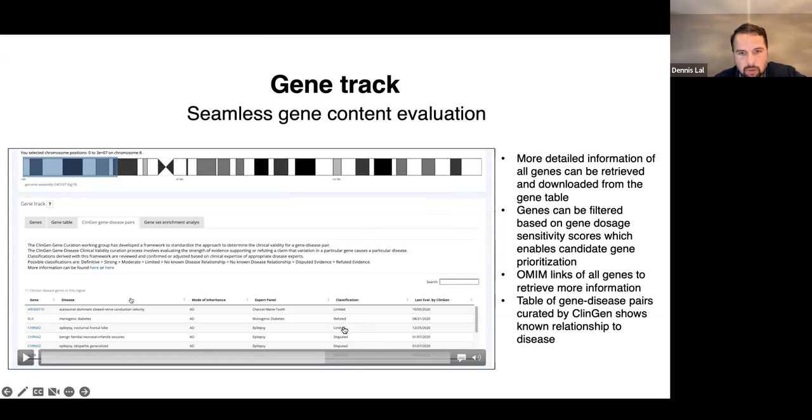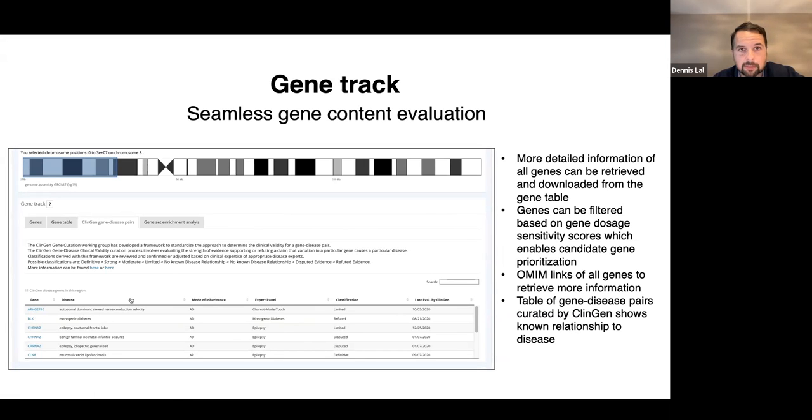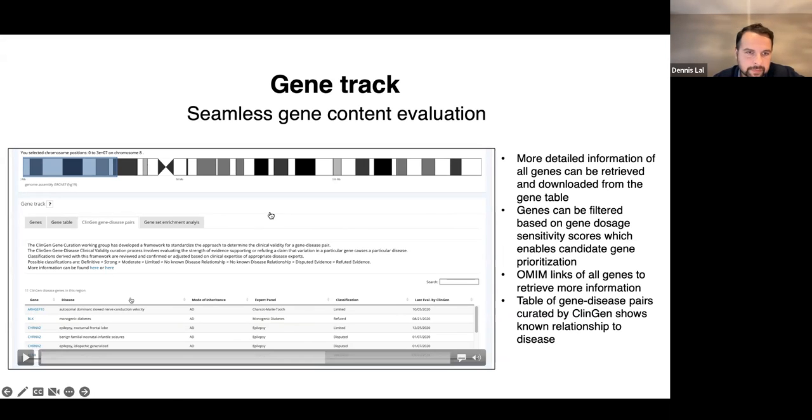And you can see now that the ones we're looking at here, none of them has really strong evidence. You can also see the last time this evidence was reviewed for association with disease. And you see the mode of inheritance, and which disease has been associated with it. So it's relatively straightforward to look at a large region and then scroll to those which have the classification proven. Then you directly see the obvious in a few seconds.